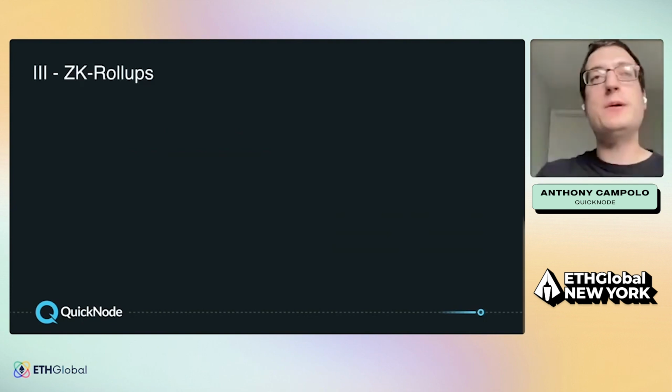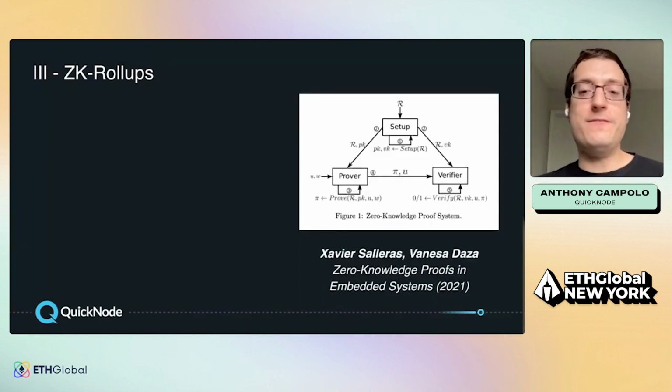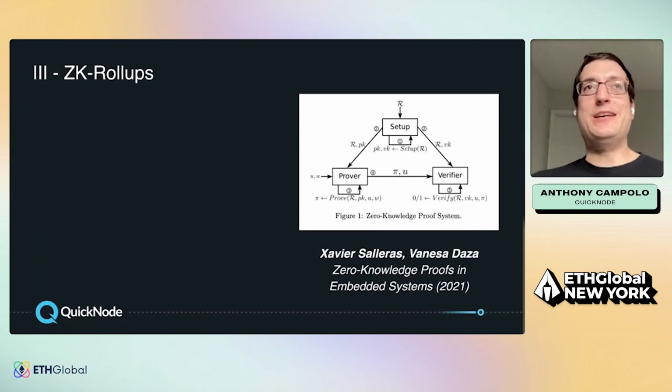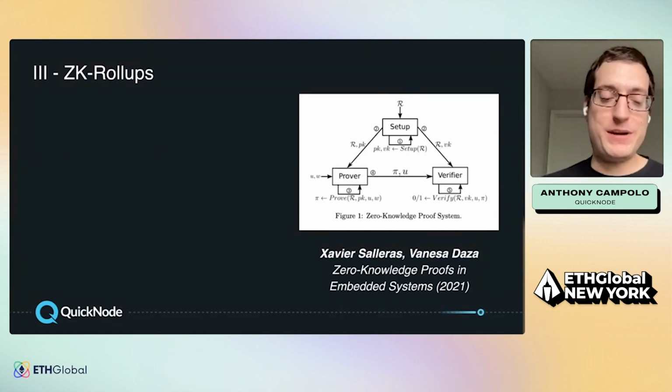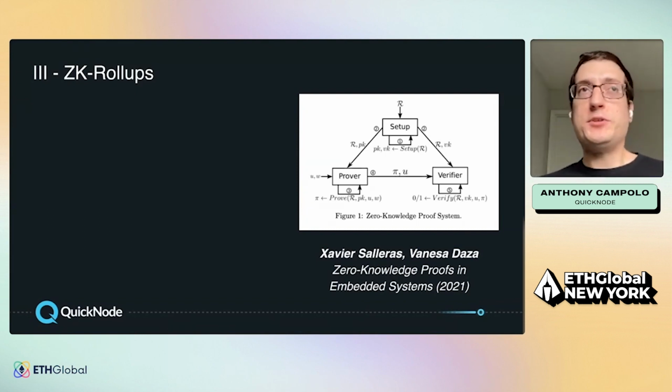So with ZK rollups, you have a brand new way of verifying this, and it's based on something called zero knowledge proofs. Now, I'm going to try and give my best explanation of zero knowledge proofs for people who have not heard of them. There is a thought experiment that can help get the idea across, because it's a dense mathematical term, but it actually can be kind of simple to explain if you go through this thought experiment with me.